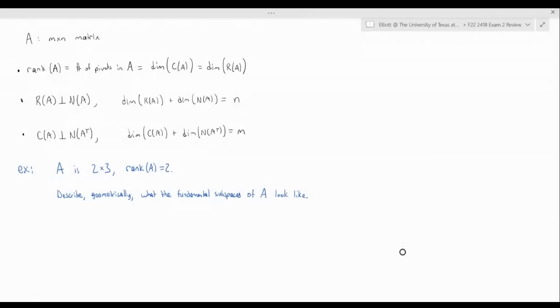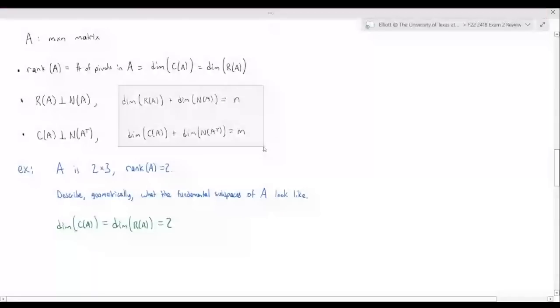So with this information, what can we say? For starters, we know the dimension of the column space and the row space are both going to be equal to 2, because that was the rank of the matrix. We can also figure out the dimensions of the null space and the left null space using these equations here, okay?